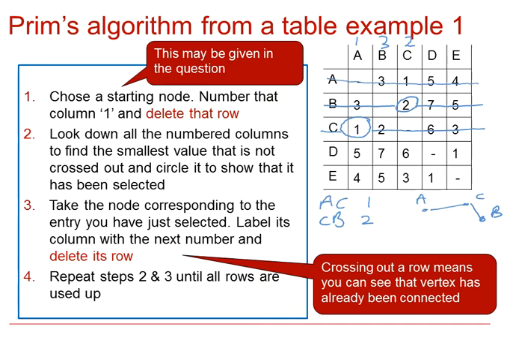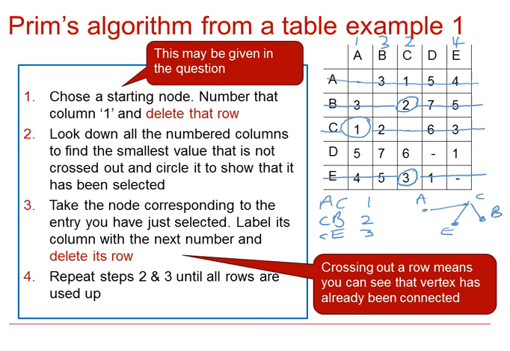Well, I can see that that is CE with a weight of 3. So I will label column E with a 4 and cross out the rest of that row.